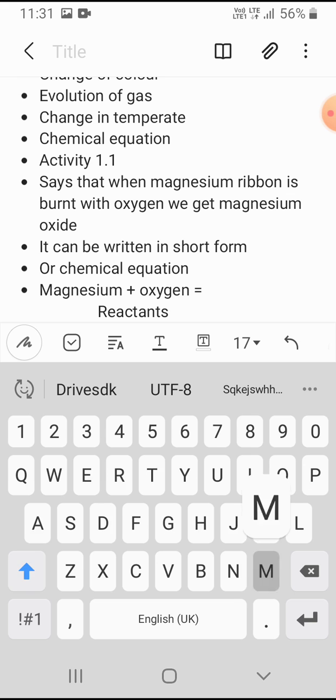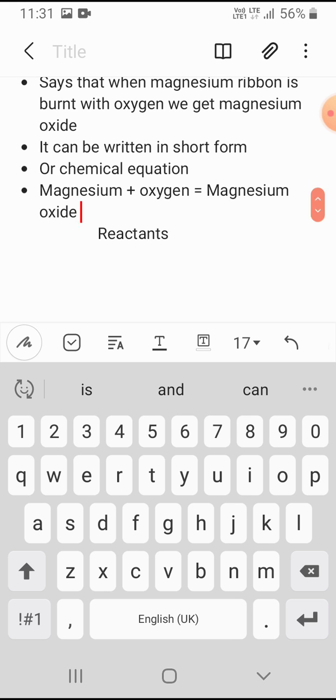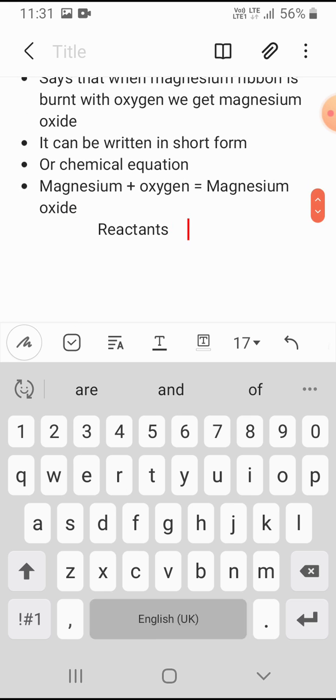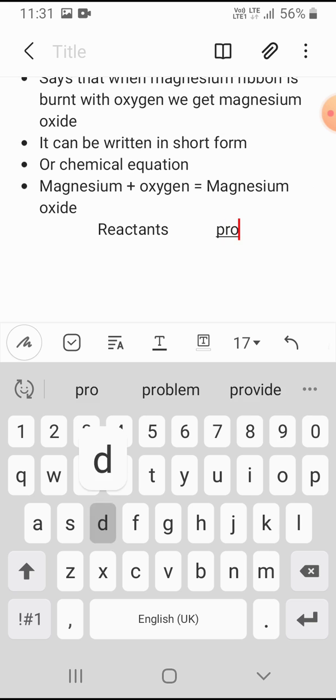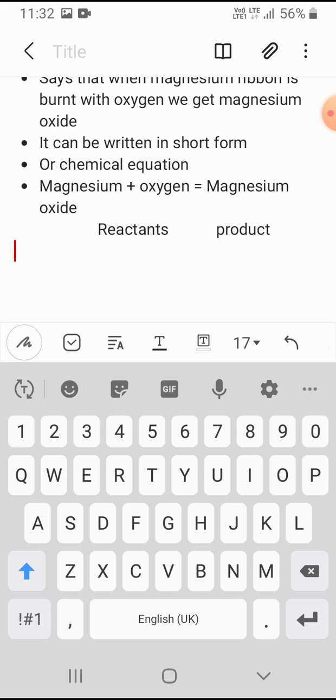By this we get magnesium oxide, and magnesium oxide is the product. So these two are called reactants, and the thing we get by their reaction is called the product. You have to remember it. Sorry, I did not get an arrow mark, so I put an equals sign.